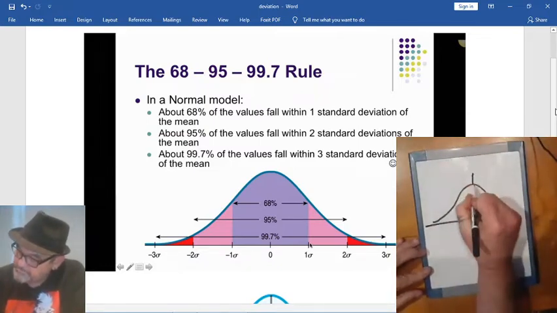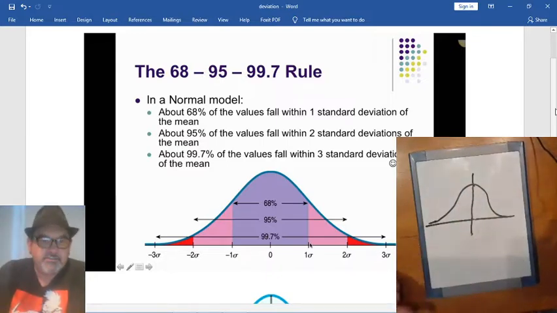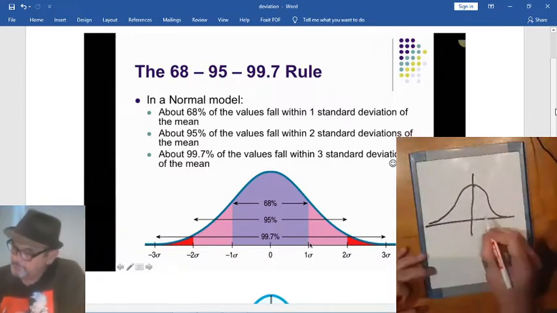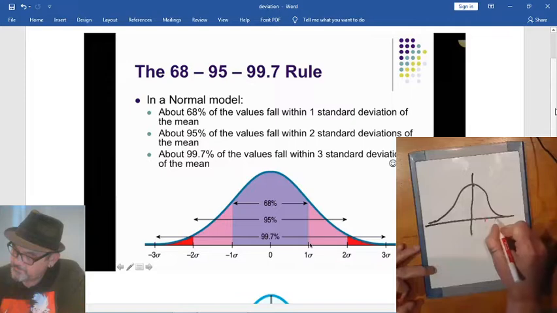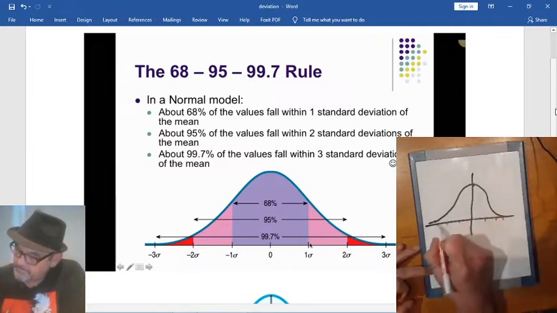What standard deviation does is allocate points along the number line here, and then down here, here, and here.